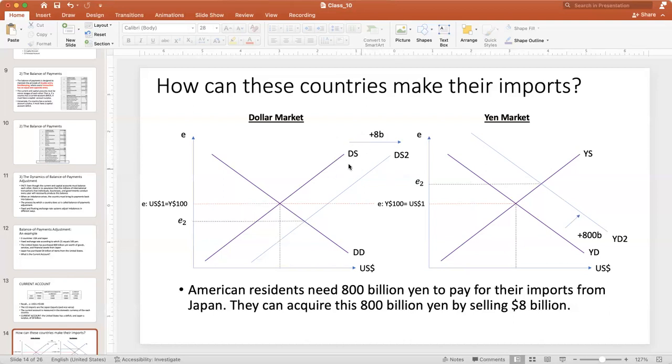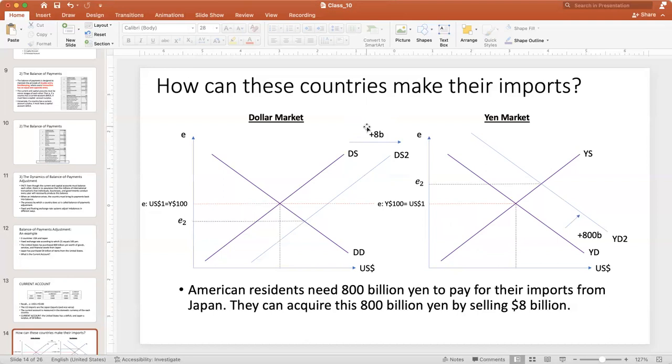So that's why the supply, and let's begin with the United States, the supply in the dollar market shifted to the right by 8 billion dollars, because remember, 8 billion dollars represent 800 billion yen. So in order to get these 800 billion yen, they're going to sell 8 billion dollars.